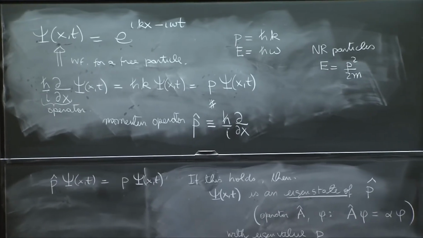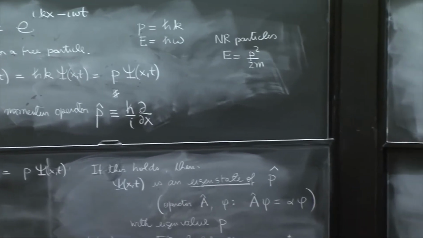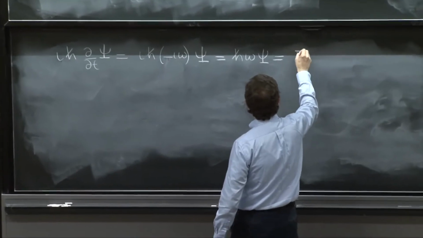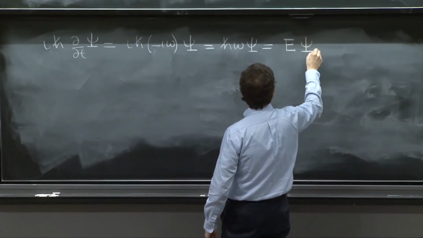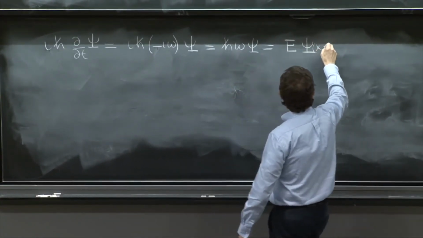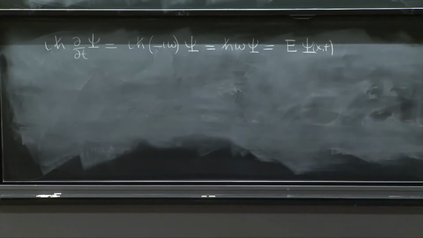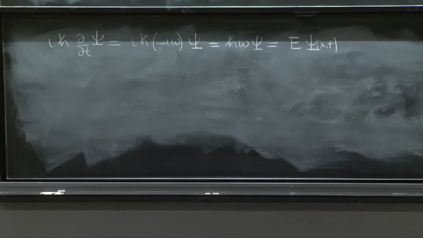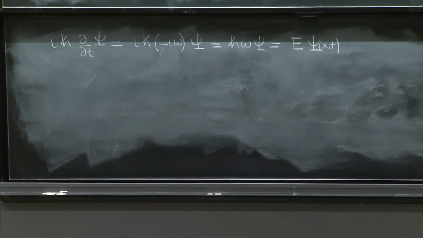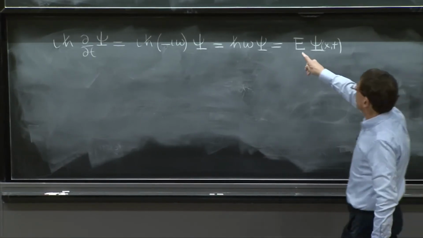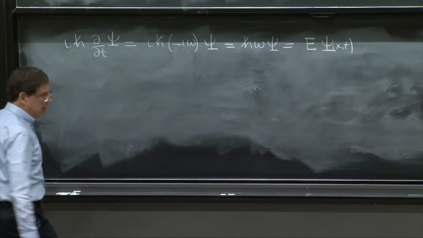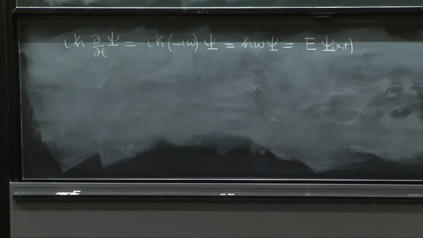So i times minus i is 1, and you get h bar omega psi, success. That was the energy of the particle times psi. And this looks quite interesting already. This is a number again. And this is a time derivative of the wave function.